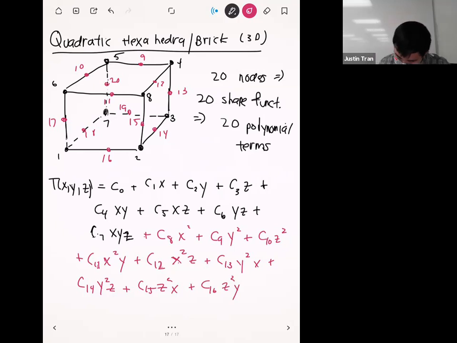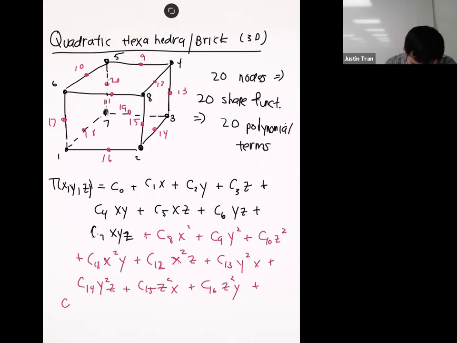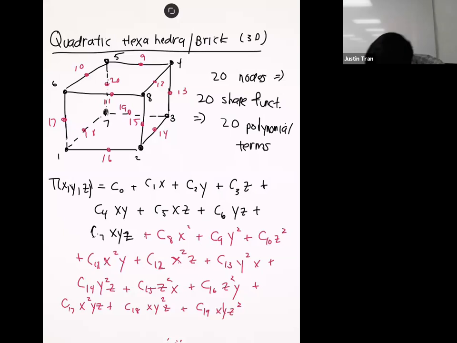Okay. And then we have the cross triple terms. Okay. And so we have C17 x squared yz plus C18 xy squared z plus C19 xyz squared. And that's all of them. Okay.